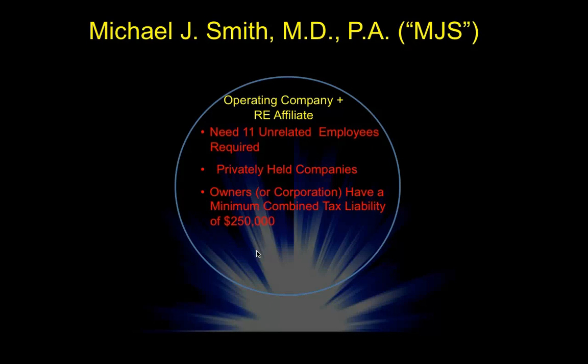And so when we look at the overall tax picture of Dr. Smith and his companies, we must have a combined tax liability of $250,000 between the individual owner, in this case the doctor and his wife, and the corporation, his professional association, and the real estate affiliate. So between them, they've got $250,000 in taxes that they're paying at the federal and the state level, and that is what we're solving for. That's what we want to mitigate.